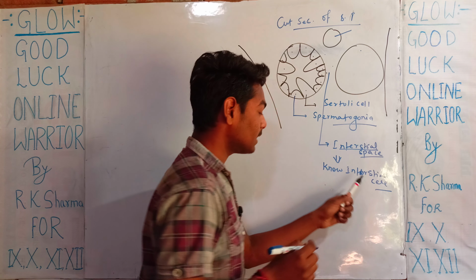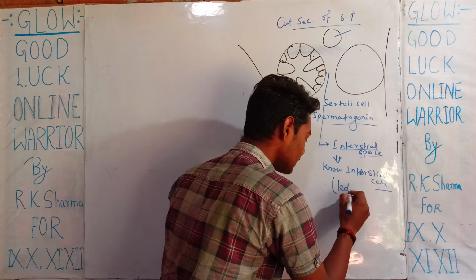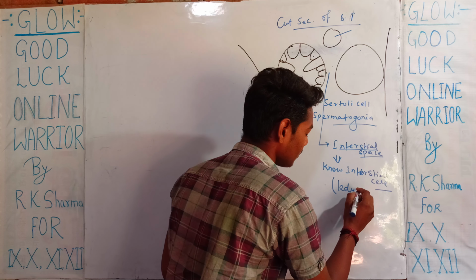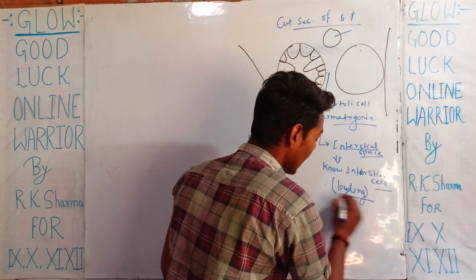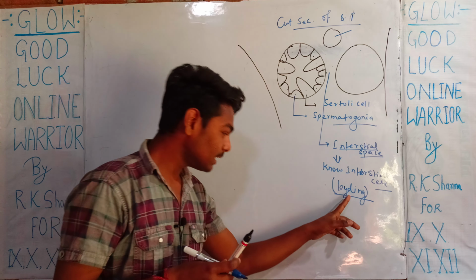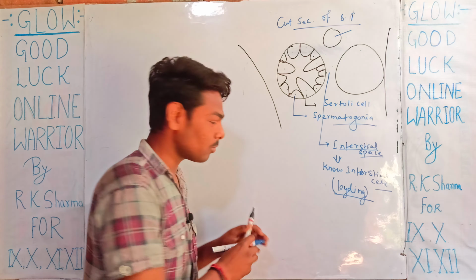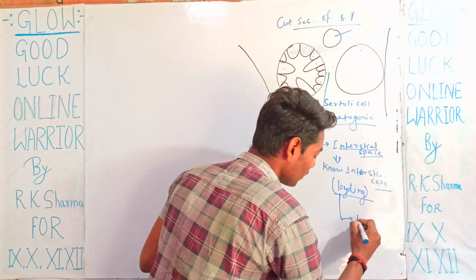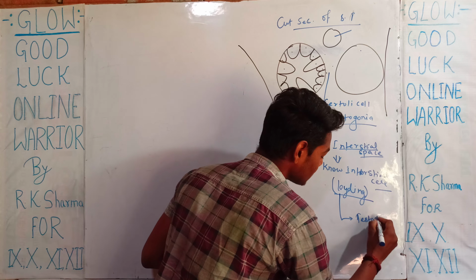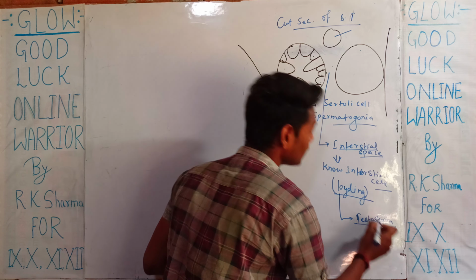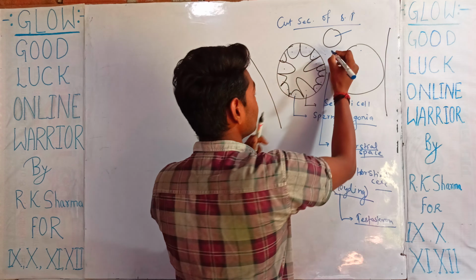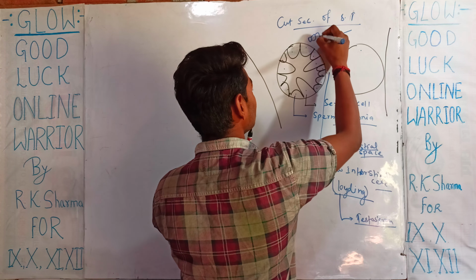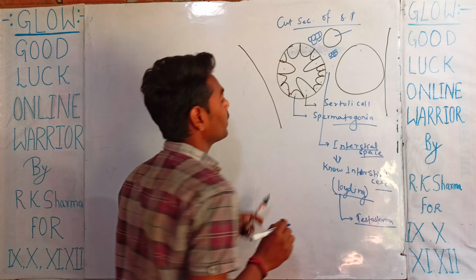This cell is also known as the Leydig cell. If you remember, this cell produces the male sex hormone, which is known as testosterone. Let me draw it like this, here also, and this.